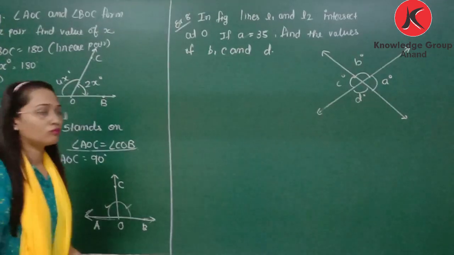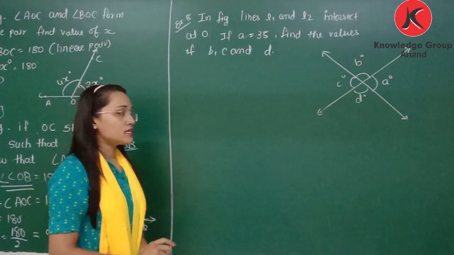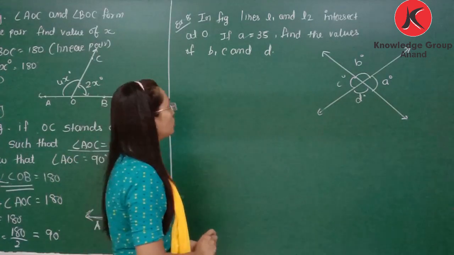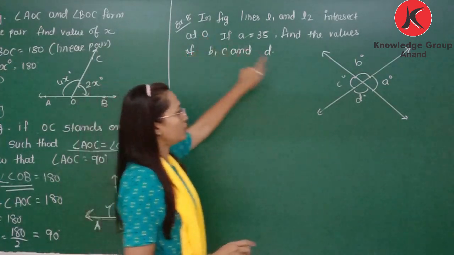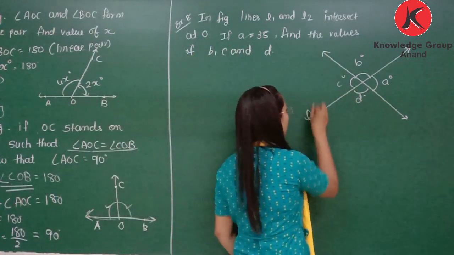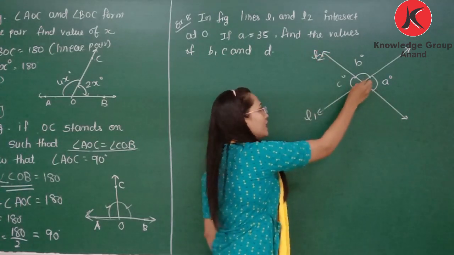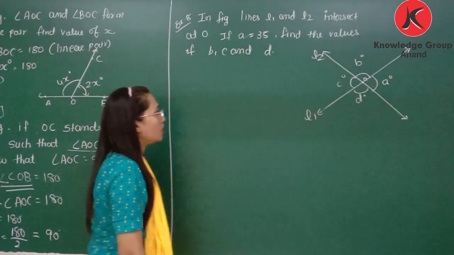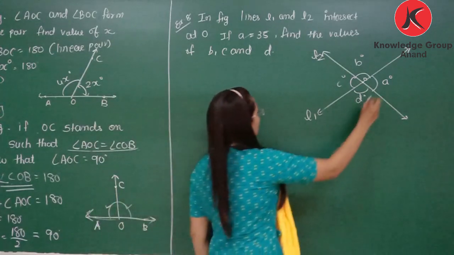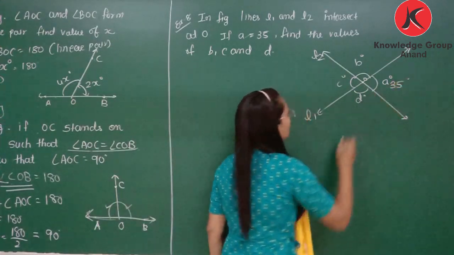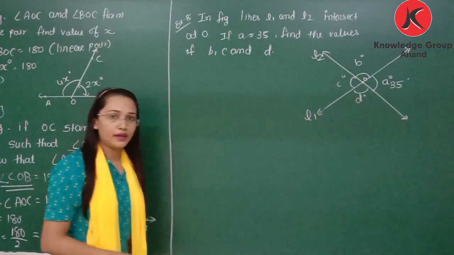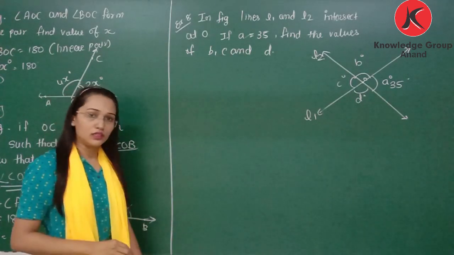Clear? In figure, lines L, L1 and L2 intersect at O. Here you can see we have lines L1 and L2 intersecting at point O. If angle A is 35, find the value of B, C and D. Now you can see these are the intersecting lines.